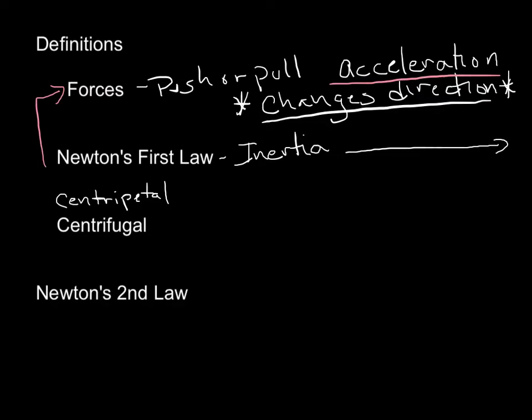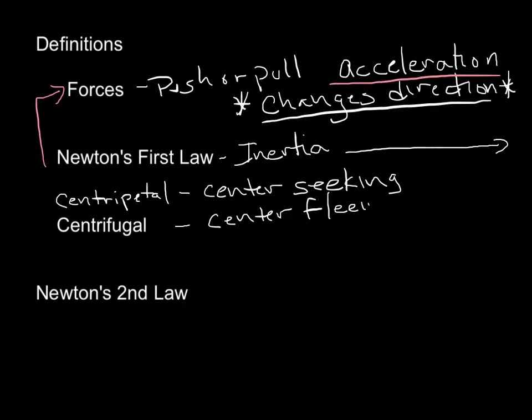Now, when we are talking about circular motion, there are usually two terms that are thrown around. One is centripetal and one is centrifugal. Centripetal means center seeking, and centrifugal means center fleeing.